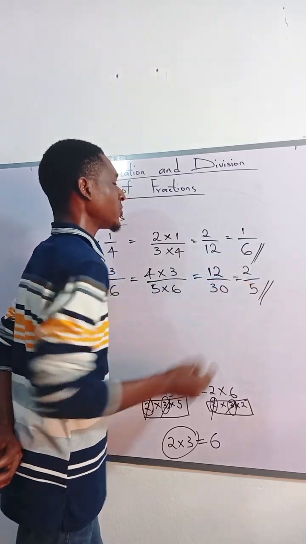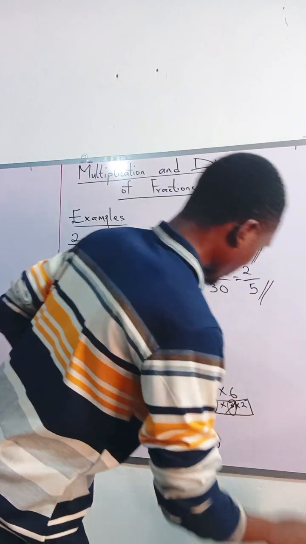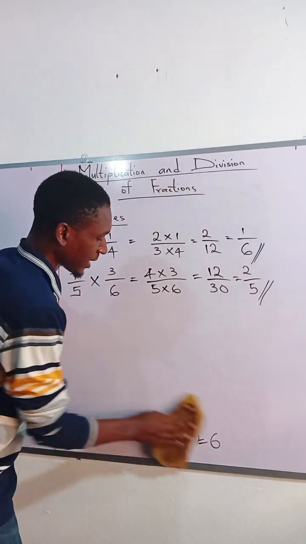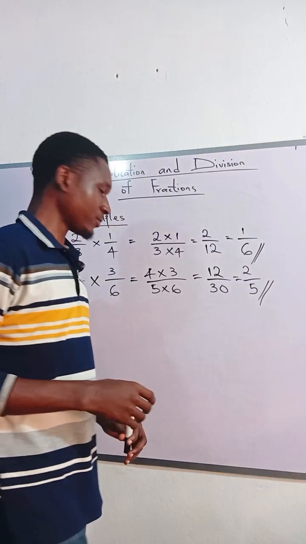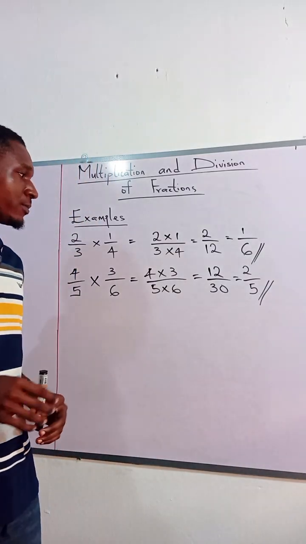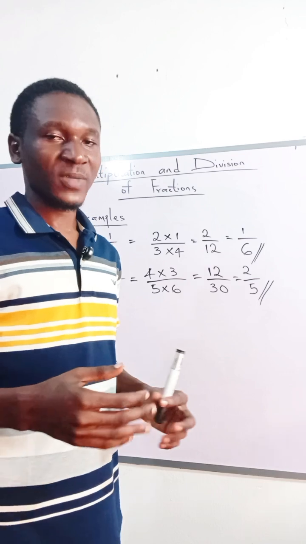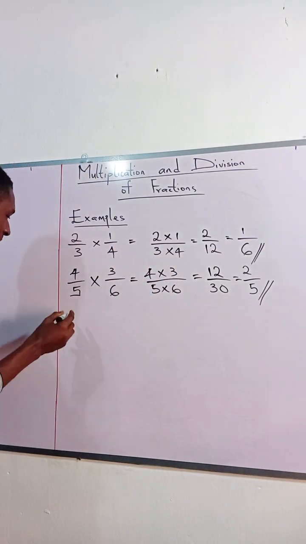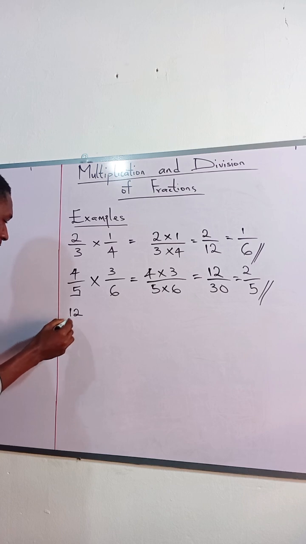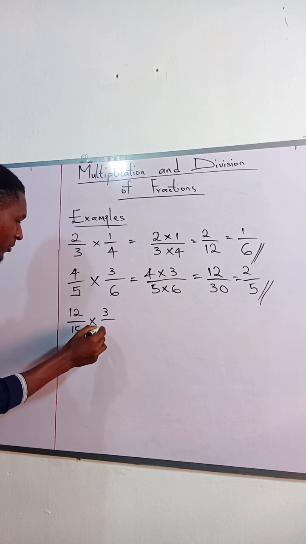So you have to make sure that you reduce your answer to its lowest term. That is one of the problems we can have when we are dealing with such fractions. Now, what if the numbers are very, very huge? Yes, what if the numbers are too big that you can't just reduce it? For example, let's say we have 12 out of 15 multiplied by 3 out of 20.